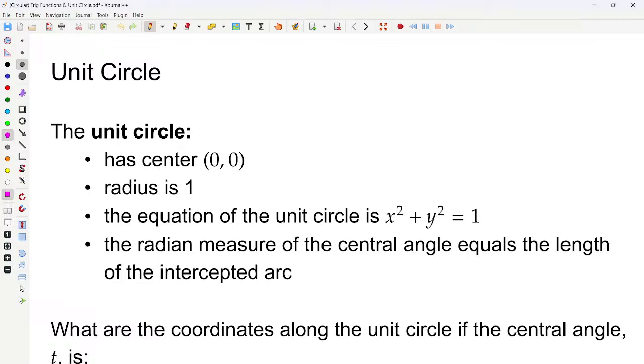So the first thing we're going to do, define what a unit circle is. It has a center 0, 0. That's cool because we've been talking about angles in standard position, whose vertex is 0, 0, so we want things to start to come together. Secondly, it has a radius of 1. Its equation is x squared plus y squared equals 1. Man, I really want to prove that right now, but we will do it when we get to conic sections.